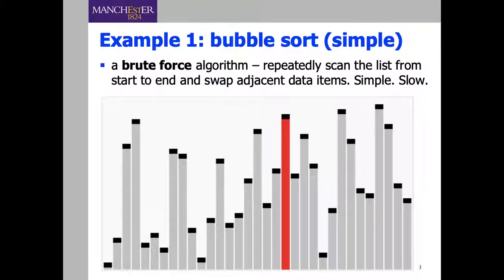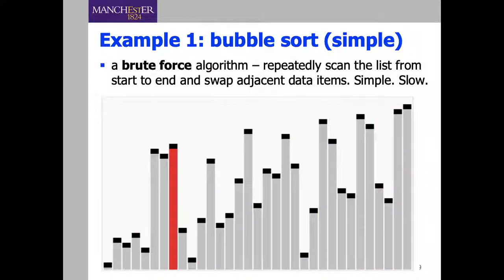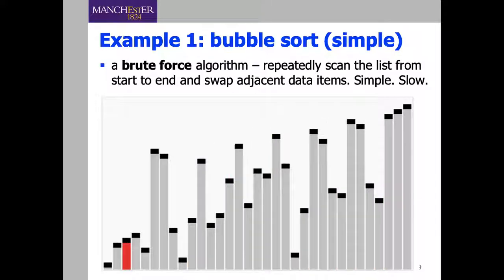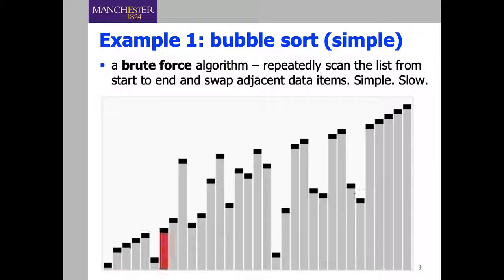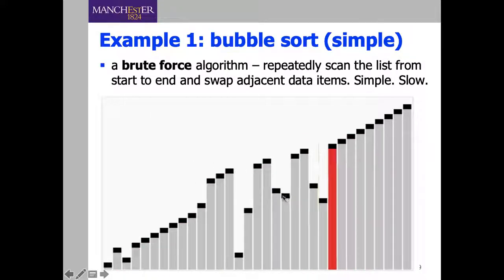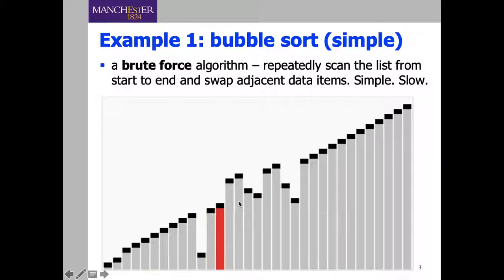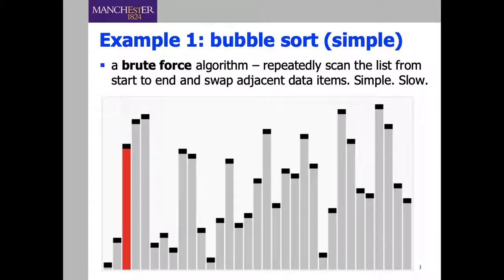You can see that it just goes back and forth over the list. This is called a brute force algorithm because it's just plodding away. There's no attempt to make it clever at all. It's called bubble because you can see this pair of data points, for example, bubbling down until it's sorted. That's where it gets its name from. So it's simple, but it's slow.